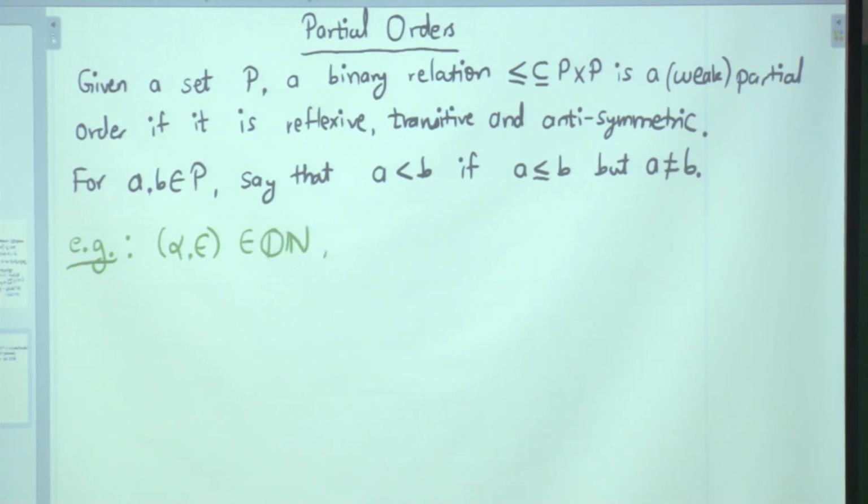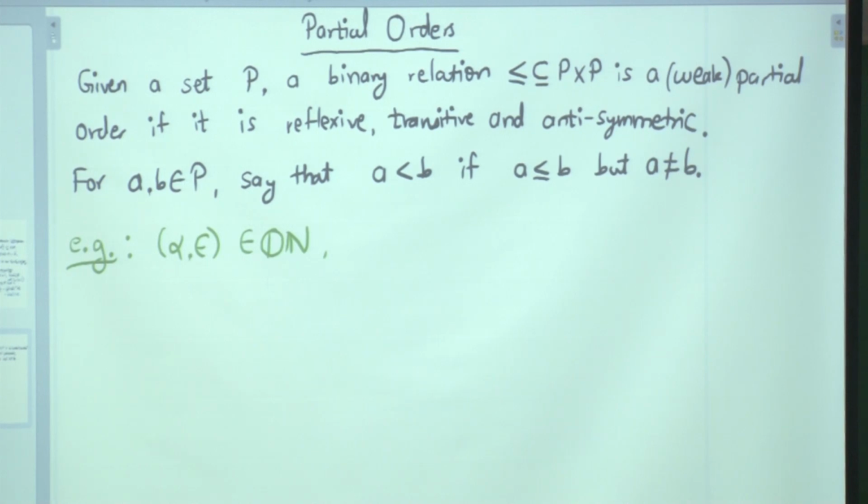These are partial orders. Are they weak partial orders or strict partial orders? These are strict partial orders, but you can define the corresponding weak version: beta belongs to gamma or beta equal to gamma, that is beta less equal gamma.